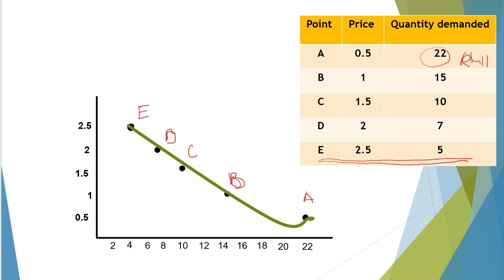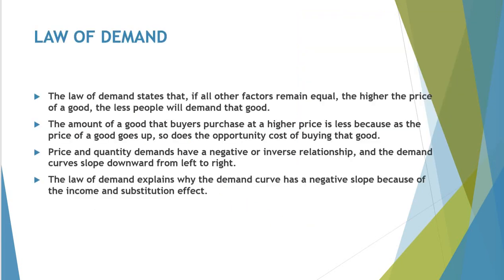So, the opportunity cost dia apa? Akan meningkat. Okay. So the price and the quantity demand have a negative or inverse relationship and the demand curve slope downward from left to right.